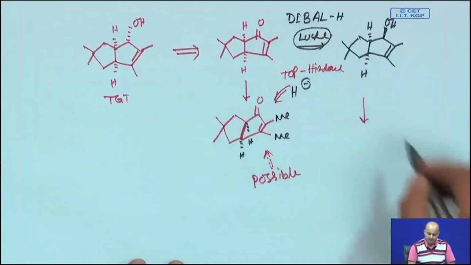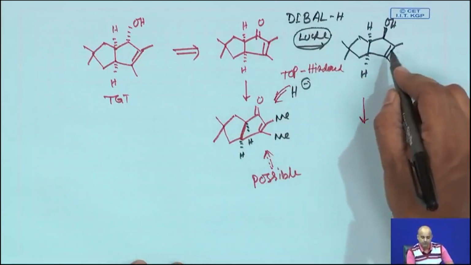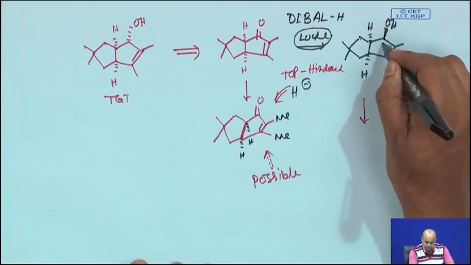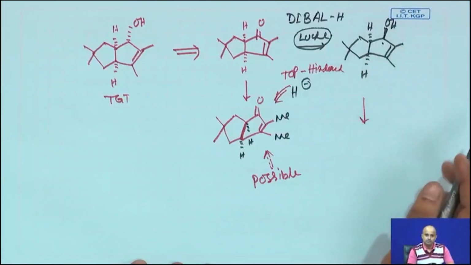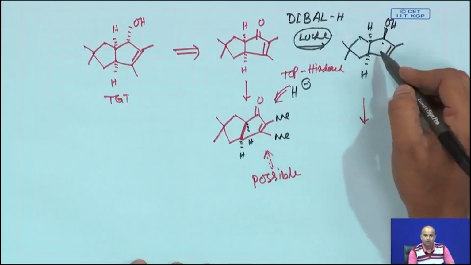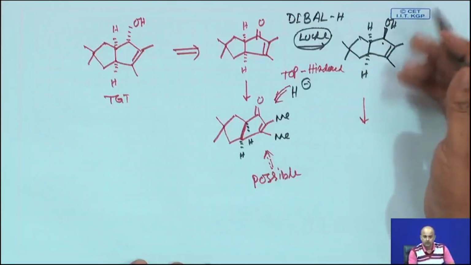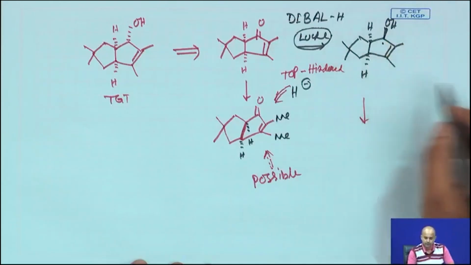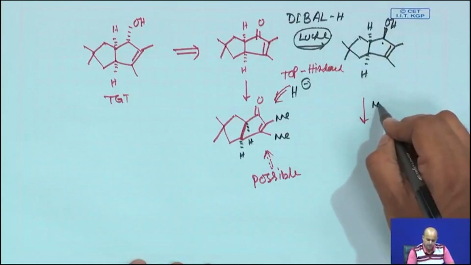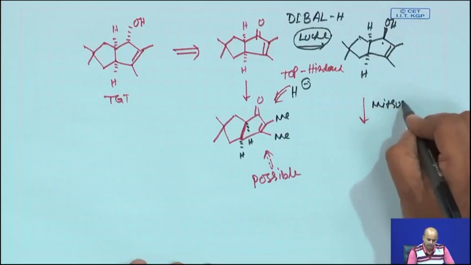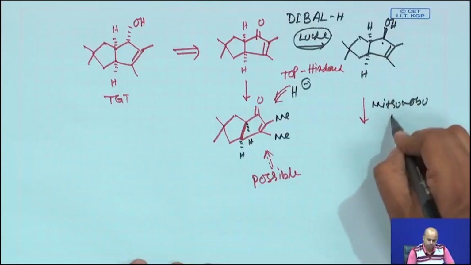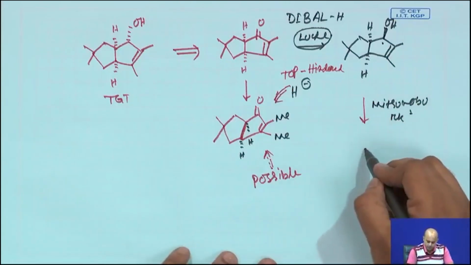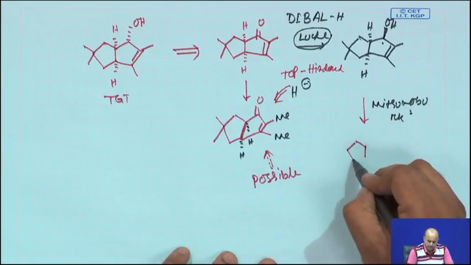Now, if you do a DIBAL reduction you get exclusively this product, but then you need to invert the stereocenter. In the last part we discussed that we can invert the stereocenter by a stereoinversion process through a Mitsunobu reaction. So, what you next do? You do a Mitsunobu reaction.